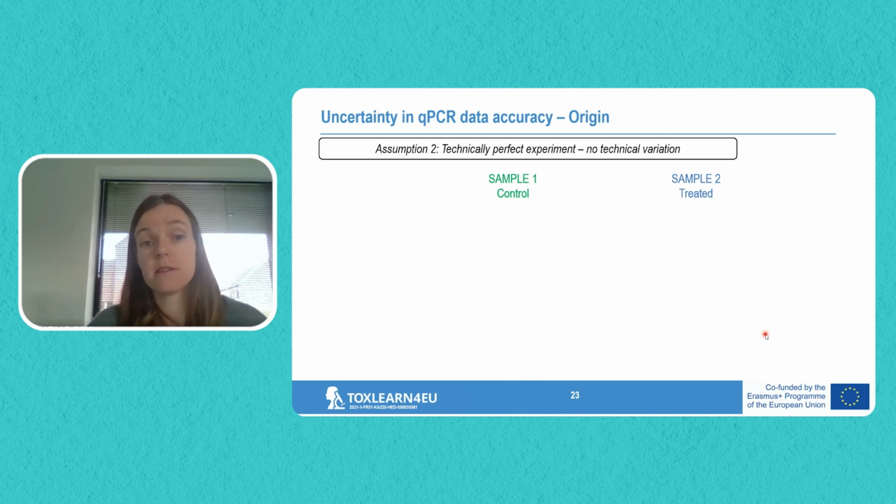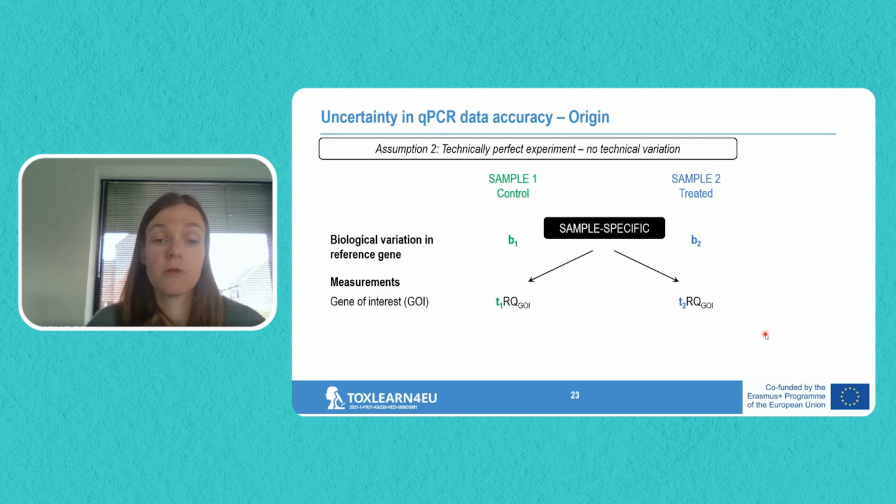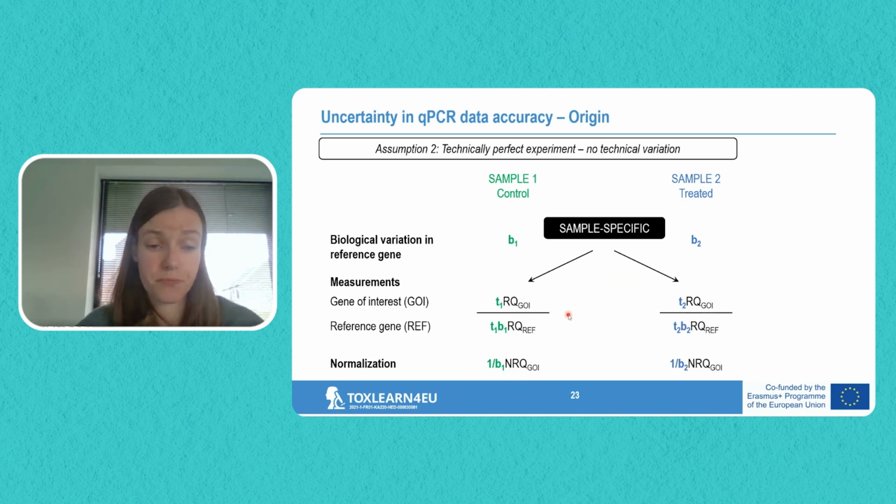On the other hand, when you would have a technically perfect experiment, there would be no technical variation. So we would only have biological variation in the reference gene. So when we then make the calculation, what we see is that the technical variation will level each other out, but this would not even be necessary because, as we mentioned, there is no technical variation.